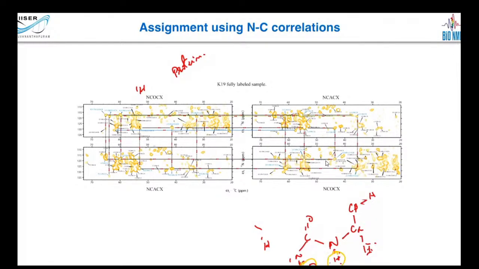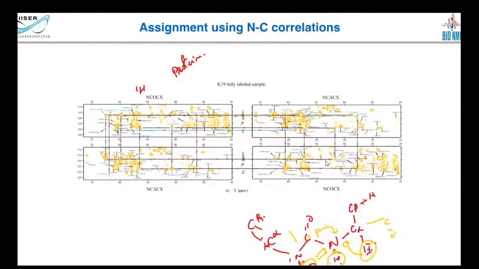All these H's, I transfer to nitrogen. Then I transfer to this CO, because this is the closest CO. I will not be able to transfer to this CO. So I go to this CO. Then I transfer to the C alphas and C betas of this.